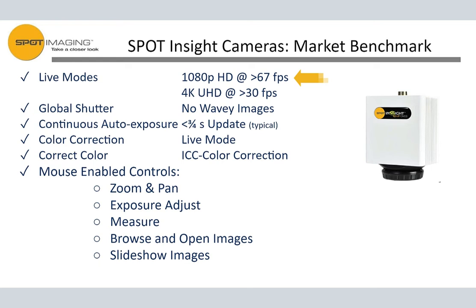and basically it's oversampled. Our 5 megapixel is actually giving you a 3.6 megapixel resolution, which 1080p HD is typically only 2 megapixels, so it's oversampled, and yet it's running at 67 frames per second. Our 4K is oversampled.